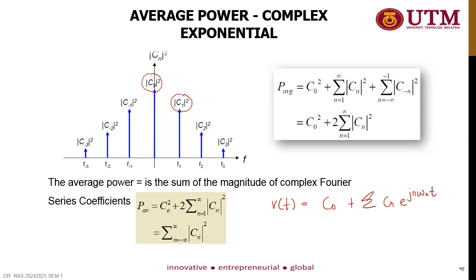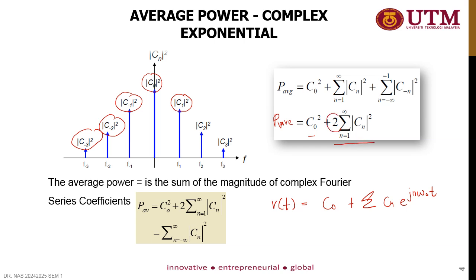So in this case, P average is equal to C naught squared plus C1 squared plus C2 squared plus C3 squared, and also the negative frequencies as well. The equation can be simplified by adding C0 squared plus 2 times Cn squared.